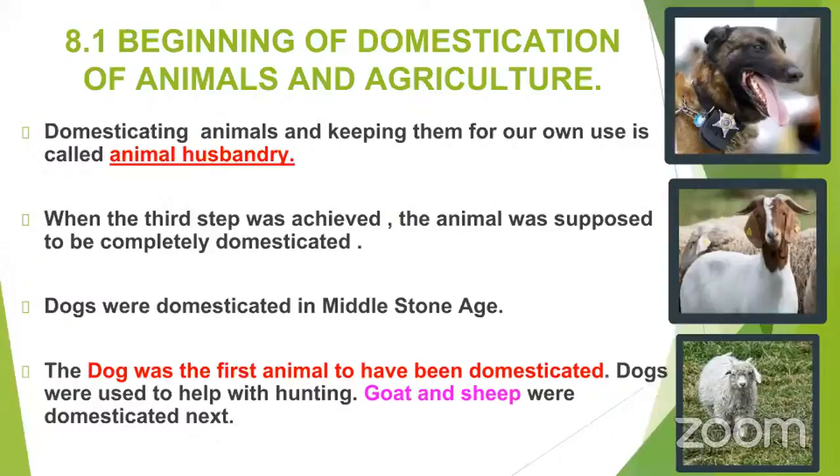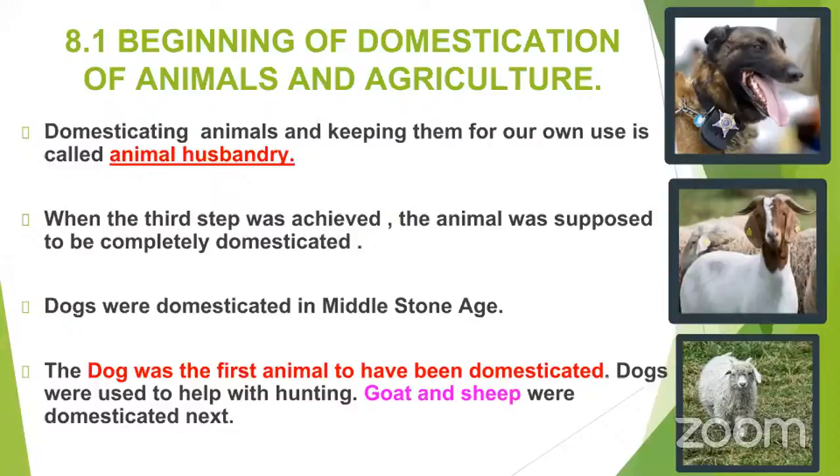When the third step was achieved, the animal was supposed to be completely domesticated, so that a completely domesticated animal can live with human beings. Clear? And you have to remember, who was the first animal to be trained? Dogs. Dogs were domesticated in the Middle Stone Age, and the dog was the first animal to have been domesticated. Dogs were used to help with hunting.